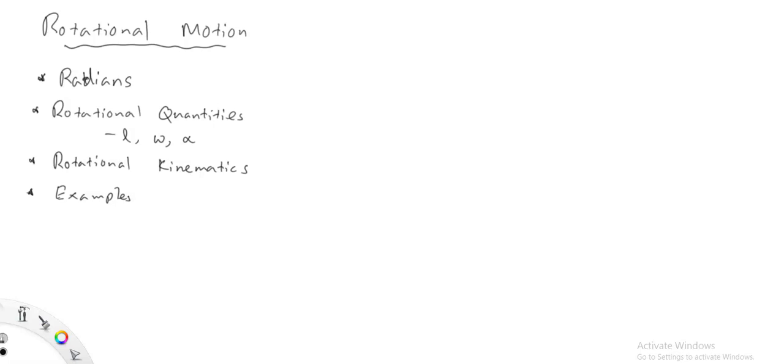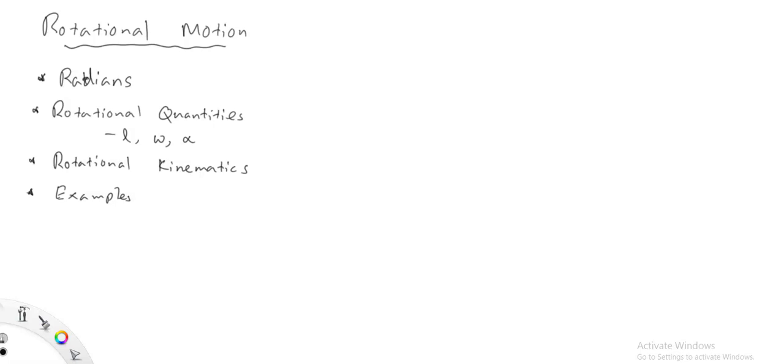Okay, so rotations are pretty common in nature. Whenever we study motion, it is a big part of motion. If something moves in one direction in a straight line, or if the whole object is moving, we call it translational motion.